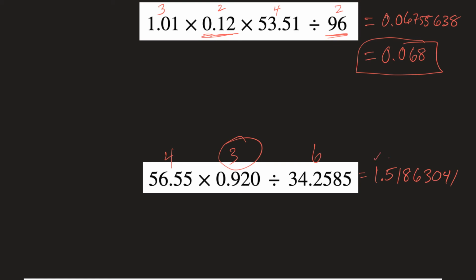So the 1, the 5, and then the hundredths place. We're going to keep the hundredths place, but we have to look one more place to the thousandths place, and that tells me we're going to round this up to 1.52 as the final answer there.